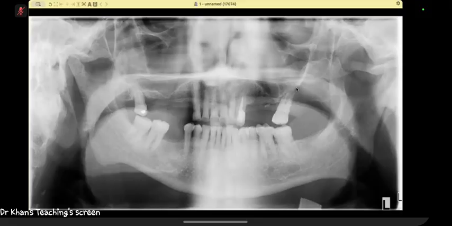What is your differential? Sir, because it is an aged patient, this could be a metastatic lesion, or it could be carcinoma maxilla.